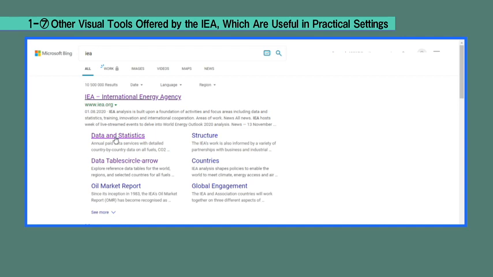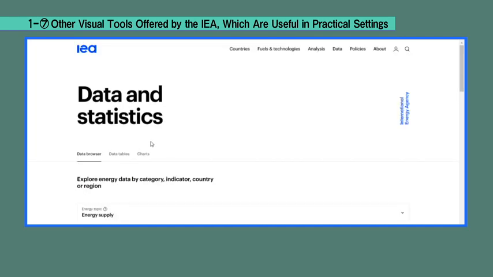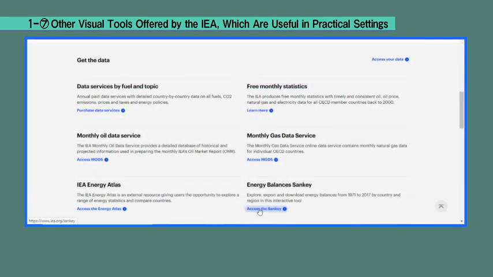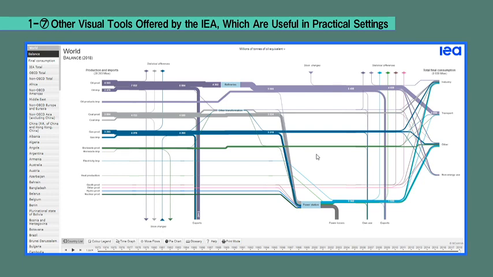Click Data and Statistics. Next, click Access the Sankey in the lower part. This chart shows the global energy balance flow. The year 2018 is the latest at present.